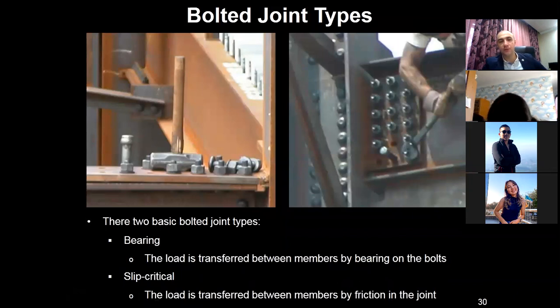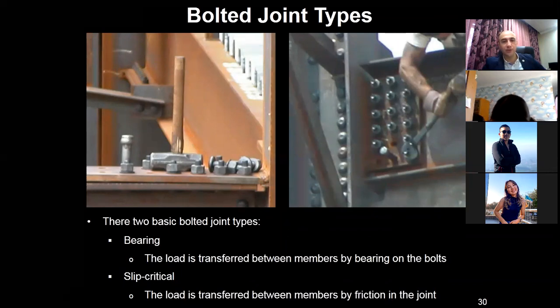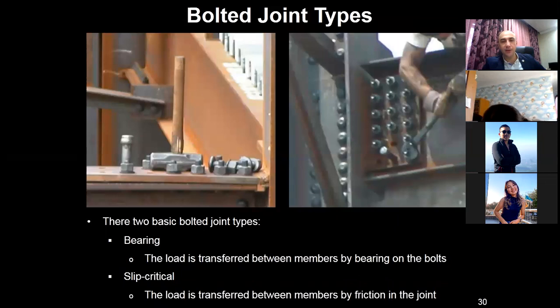The first one is a rigid connection, and the second is a semi-rigid or non-rigid connection. In the bearing connection, the load is transmitted by bearing on the bolts because they are rigid, and in slip critical, through the friction between the joints of the connection.